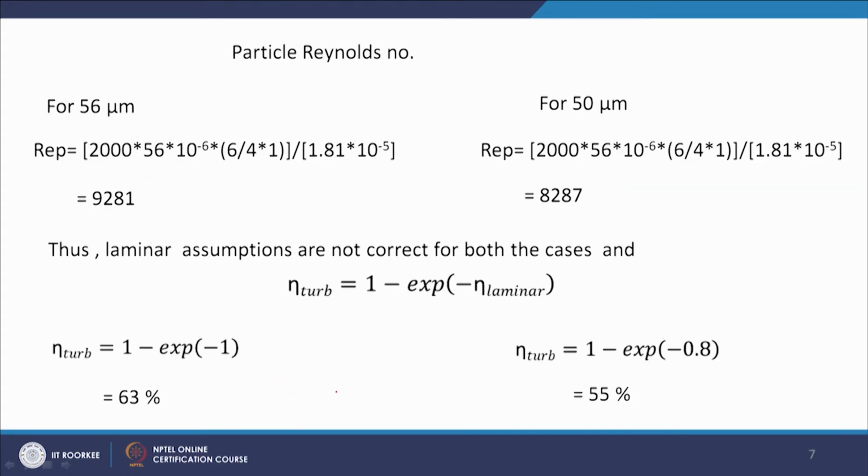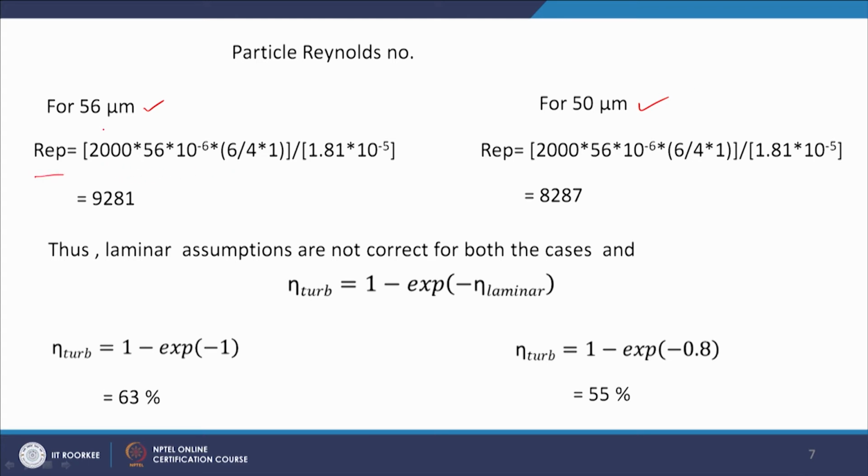Now, the second part we have to calculate is whether the flow is in the laminar regime or not. So, for the 56 micrometer particle and for the 50 micrometer particle we will be calculating the particle Reynolds number. So, Re_p is rho d V by mu.